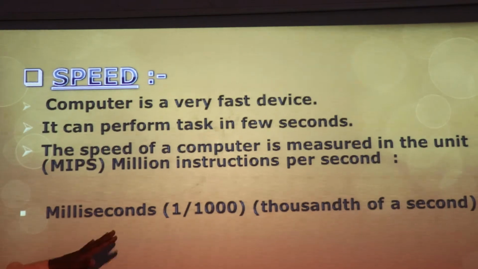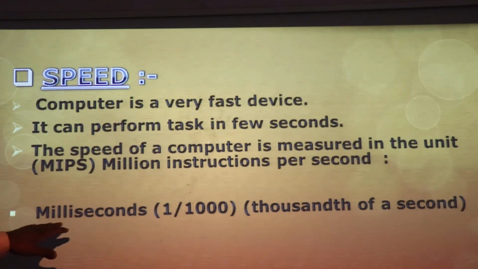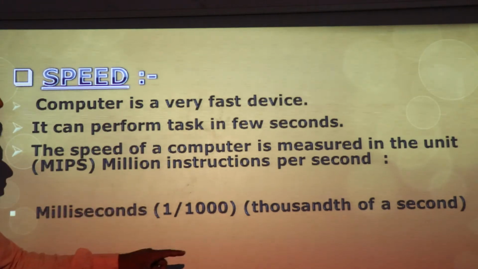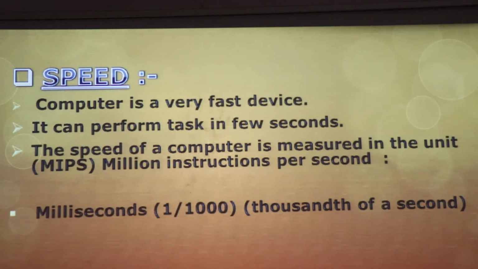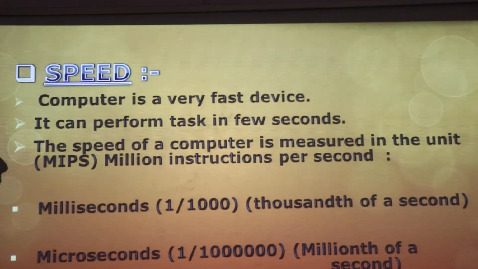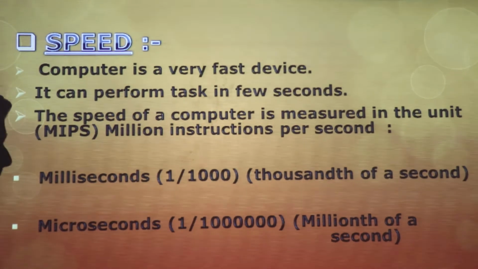Now, what is million instructions per second? How is it measured? One thousandth of a second is measured in milliseconds, and second is microseconds. Microseconds means one millionth of a second.